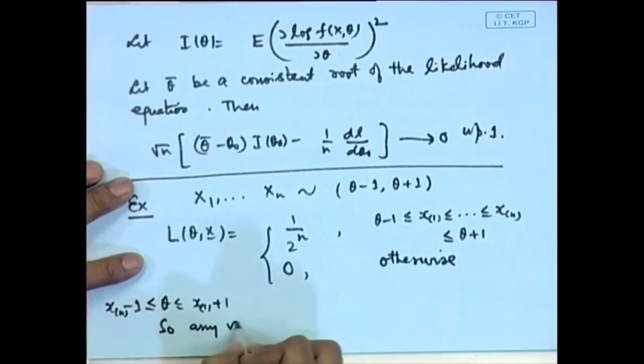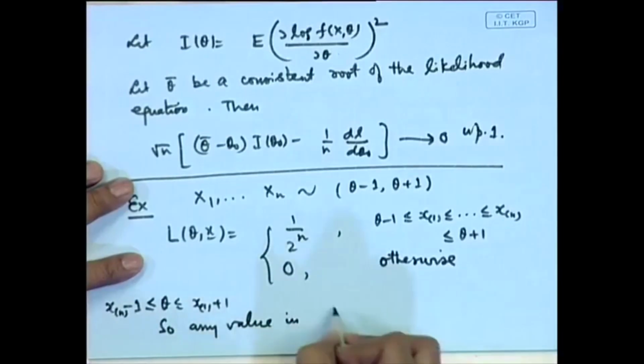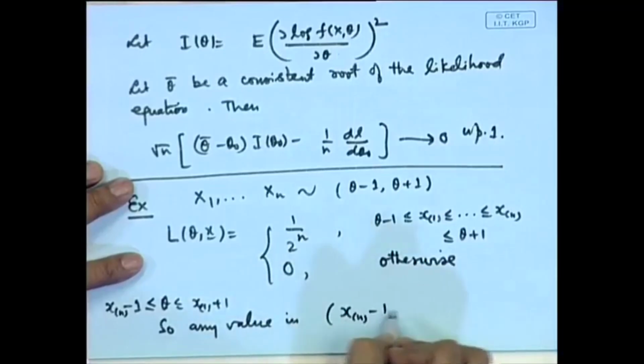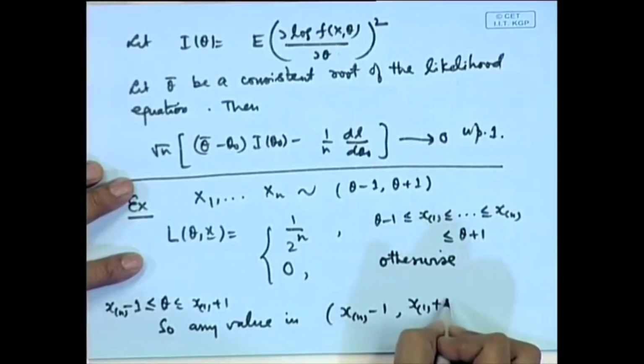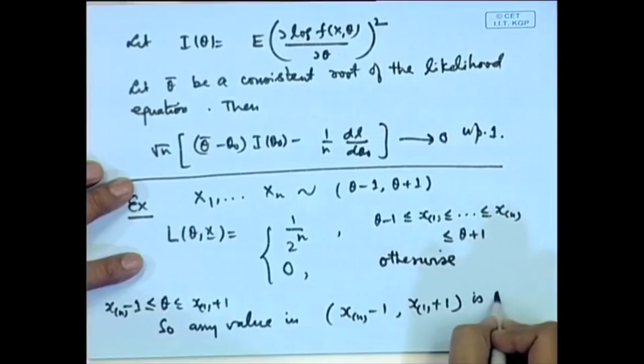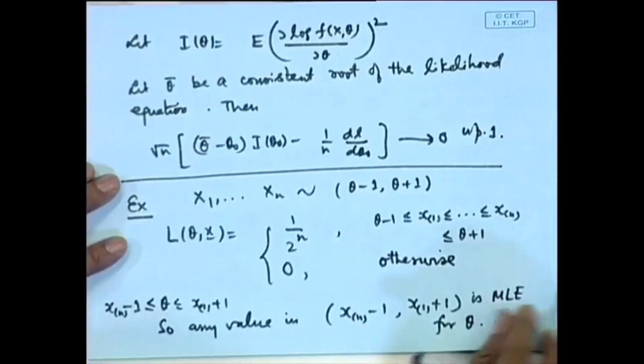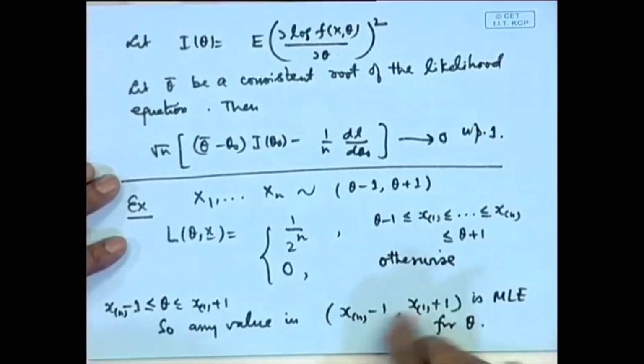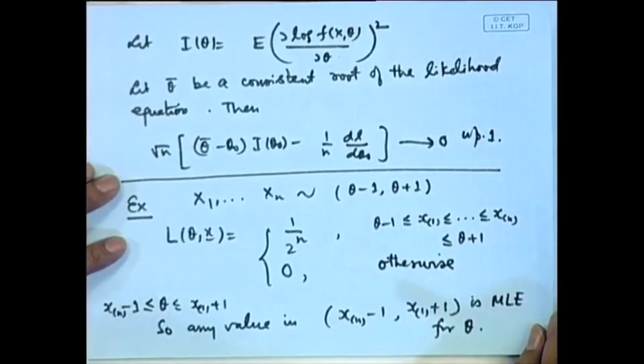So, any value in the interval x n minus 1 to x 1 plus 1 is a maximum likelihood estimate for theta. So, we have a situation here where the maximum likelihood estimator is not unique. However, for convenience one may take the average of the endpoints, that is (x 1 plus x n) by 2, as the maximum likelihood estimator in this case.